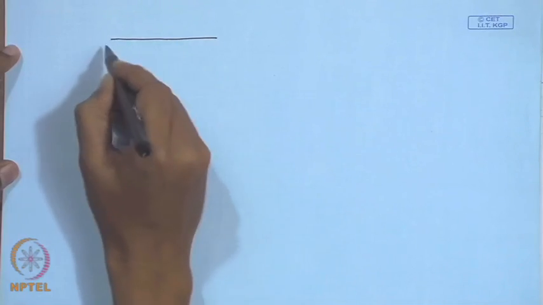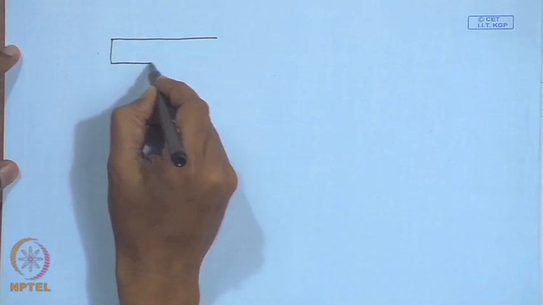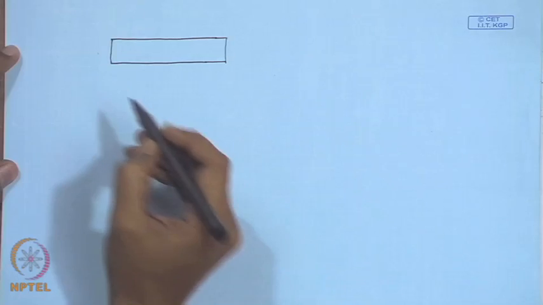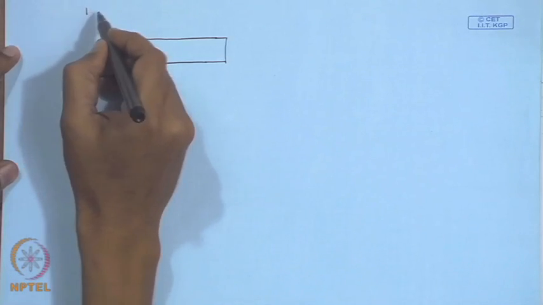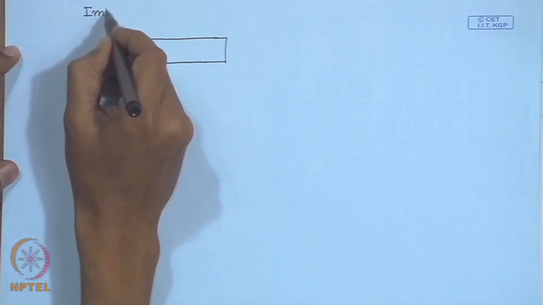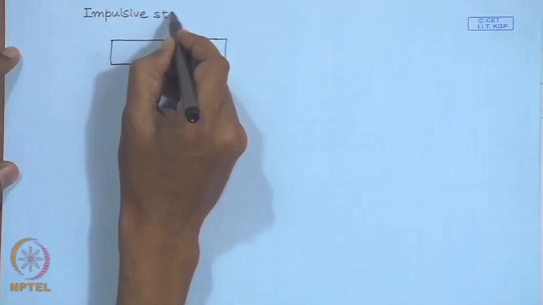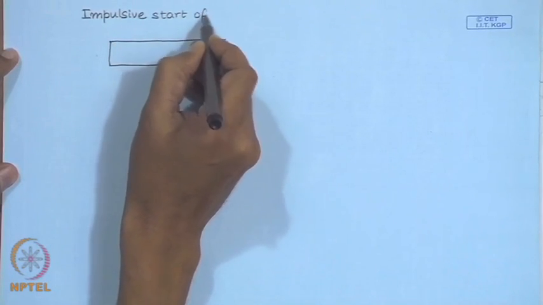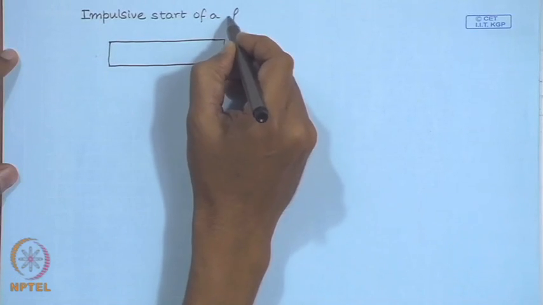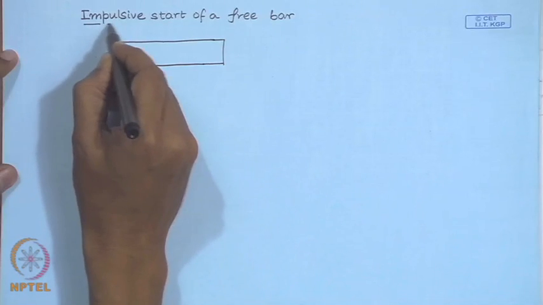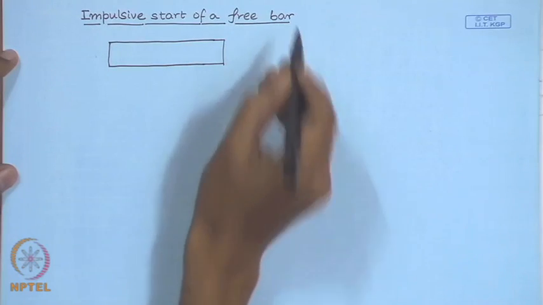So, suppose you have a finite bar. This is our first example.